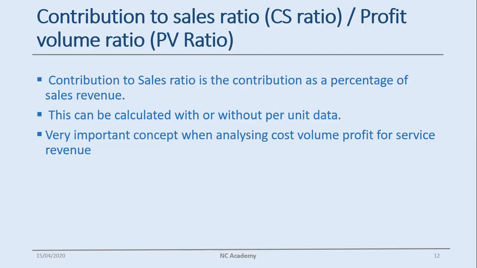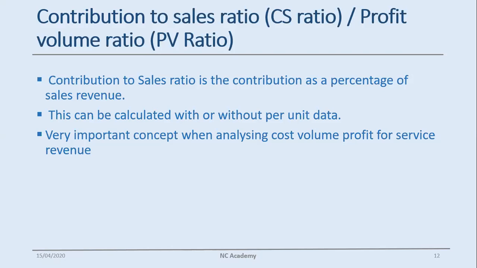That is contribution to sales ratio, CS ratio, or some people term it profit volume ratio, PV ratio. I like the term CS ratio. Why? It gives a direct meaning to your formula: contribution to sales ratio.